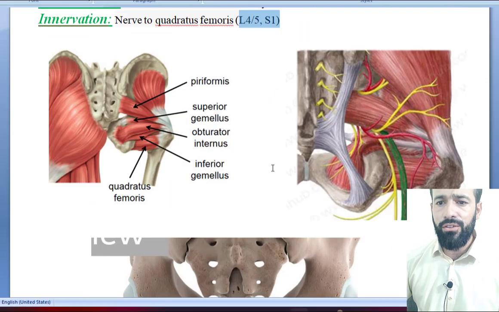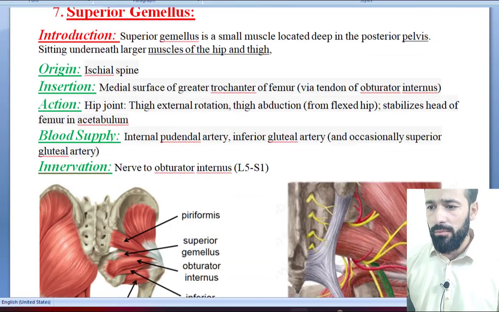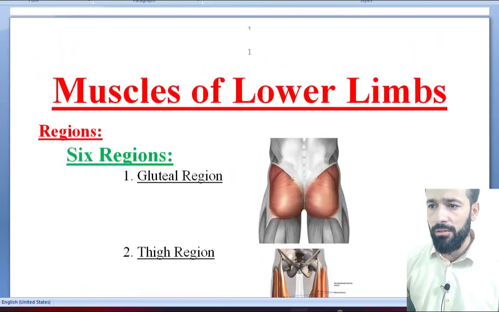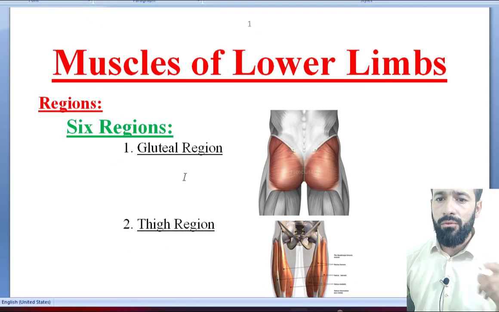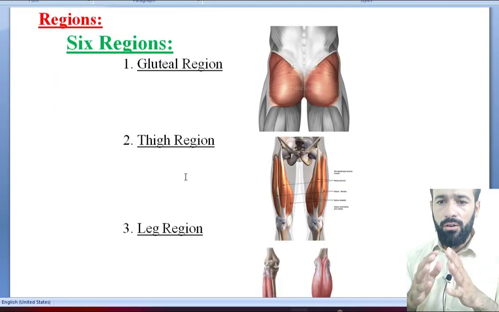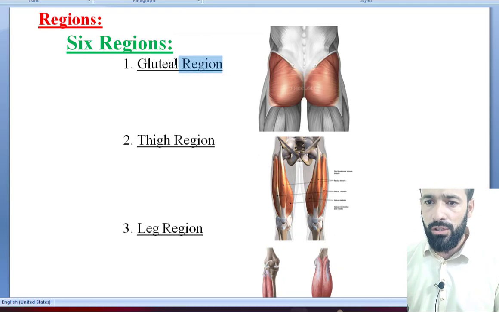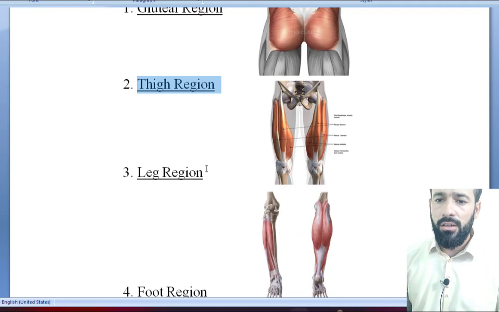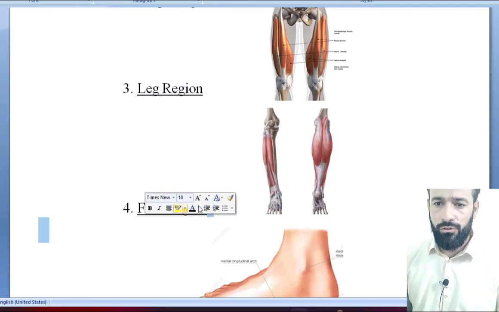So friends, we discussed the muscles of the gluteal region. Let me repeat all of these again. We had said that our lower limb is divided into gluteal region, thigh region, leg region and foot region.